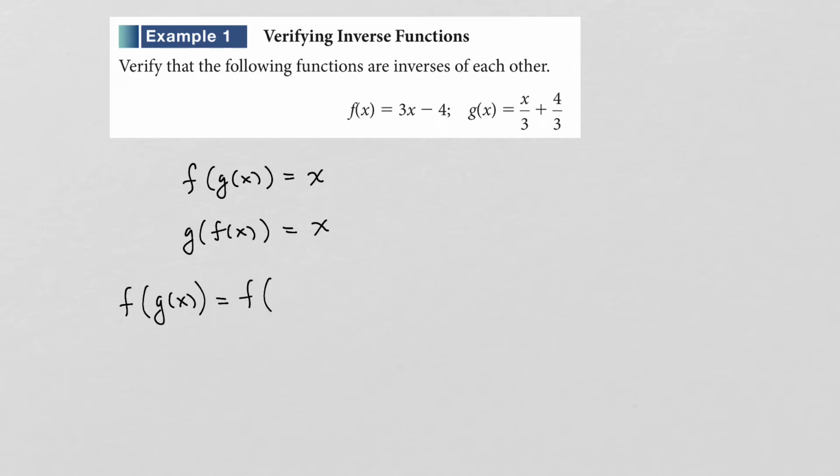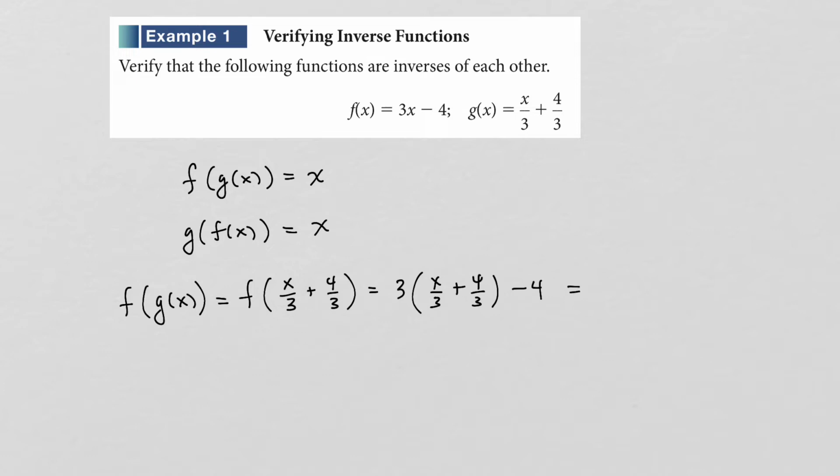Now this is f of the function g, and the function g is x over 3 plus 4 over 3. Now, f of this function means that we are going to take this function here and plug it into the function f. So that's going to be 3 multiplied by x over 3 plus 4 over 3, minus 4.